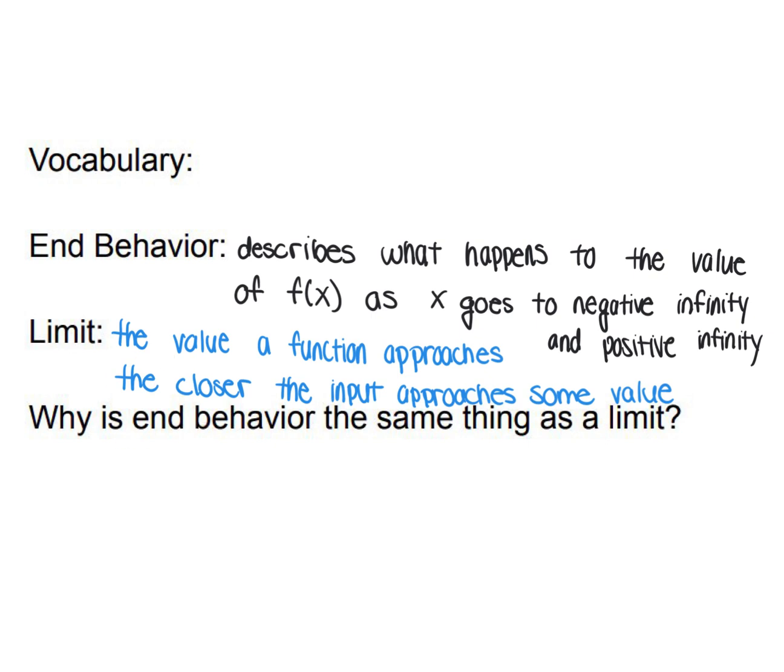Anyway, so the reason we use end behavior in pre-calculus is because we are usually describing the behavior of a function. So suppose we had a function that just went like this. And we were talking about the end behavior.